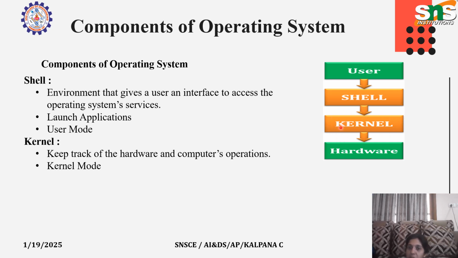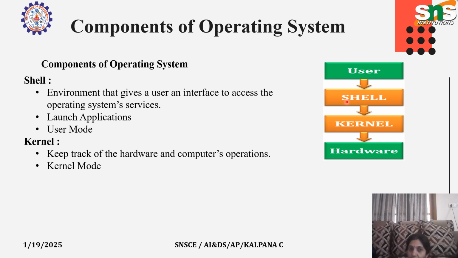So all sorts of things will be done by the kernel. The kernel is the core of the operating system. We say it is the heart of the operating system. Resource allocation, memory management, interrupt handling and device handling are all handled by the kernel only. The shell just acts as an interface between the user and the kernel.